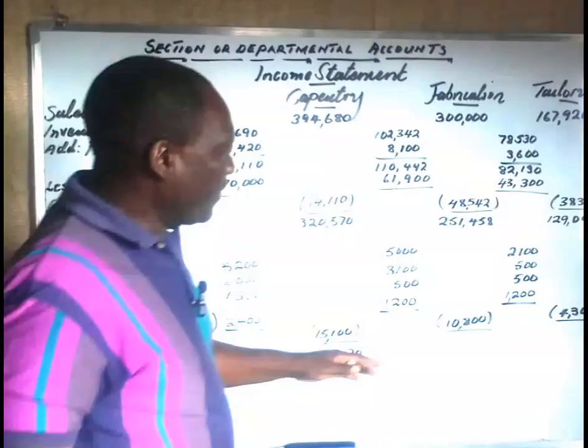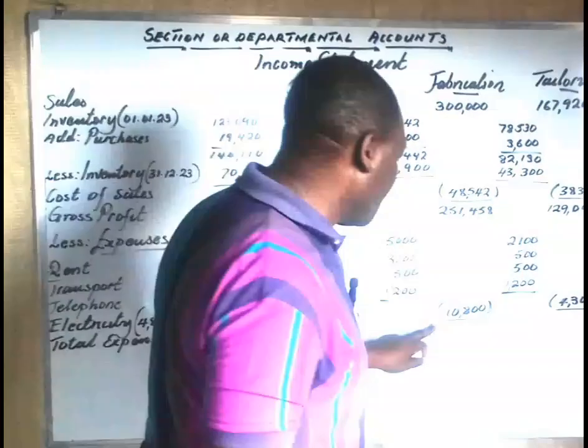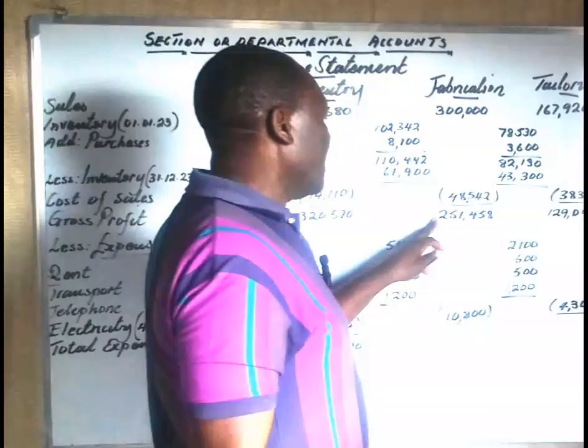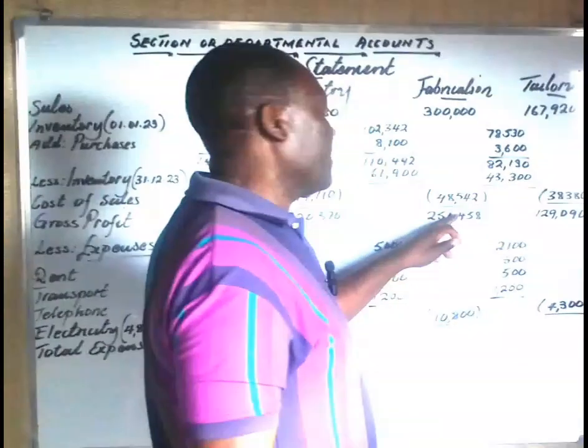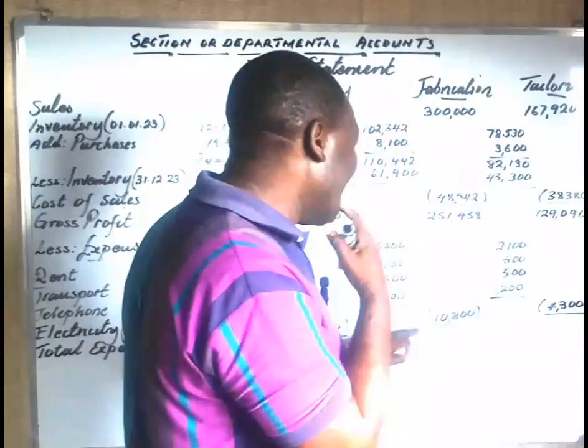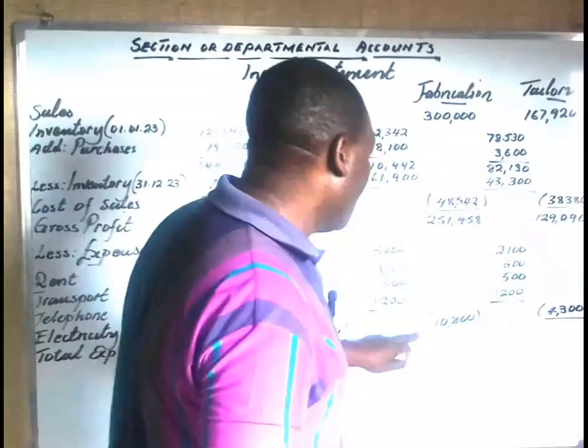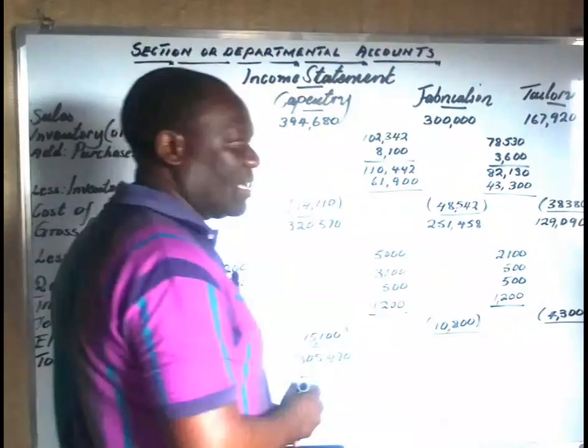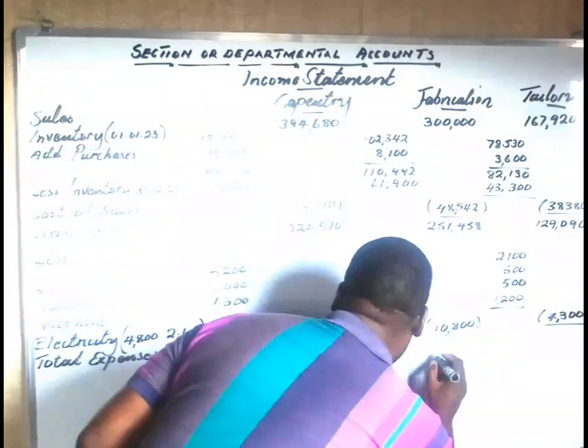Then we come to metal fabrication. We have 251,458. This is the gross profit minus 10,800. We are getting 240,658.